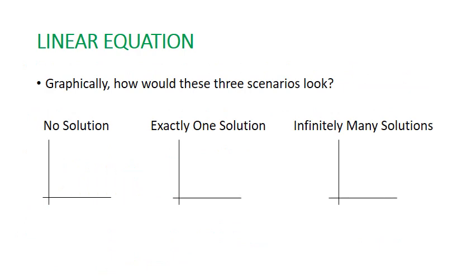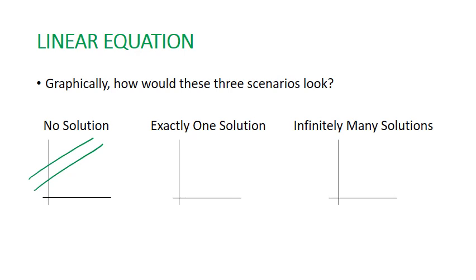Graphically speaking, there are different ways to represent each of these three situations. You may recall from previous math classes that a system of equations has no solution if you have parallel lines. These lines will never intersect, so they will not have a solution for that system.